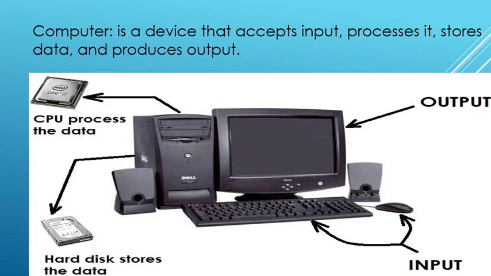For example, let's say you want to draw something in MS Paint. Once your work is done, you save that file on the computer. That particular file is saved on this hard disk, and the hard disk saves that file for future reference.